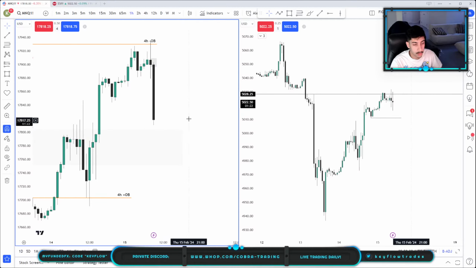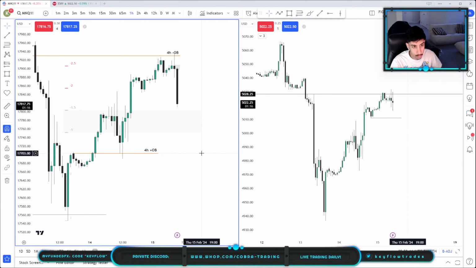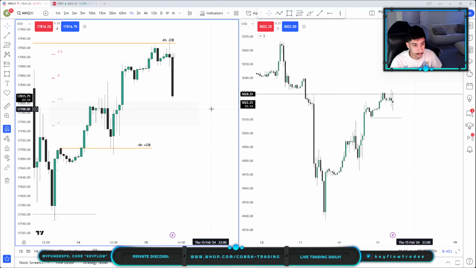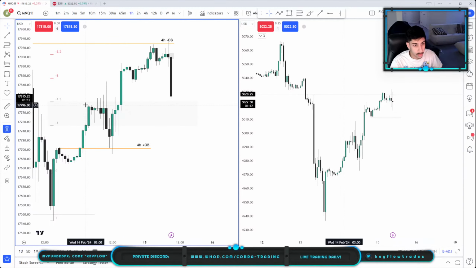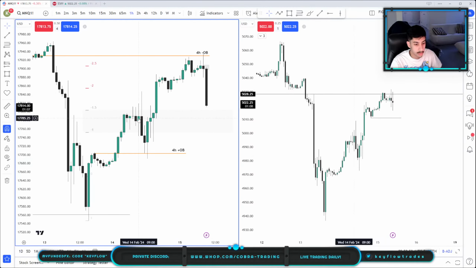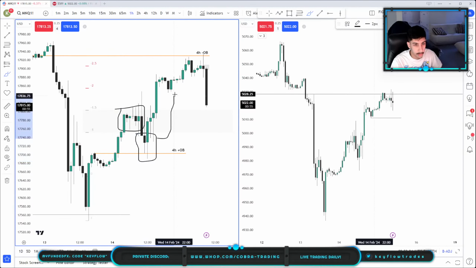We are in an hourly fair value gap here as well. It's going to close through that though. Then this area of accumulation right here was yesterday's clear as day AMD setup. We have accumulation right here, manipulation right here, and then it distributed higher.